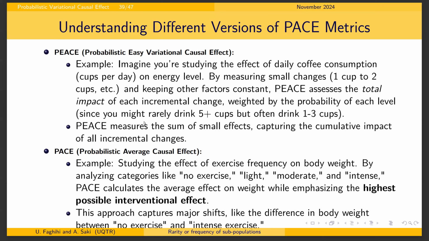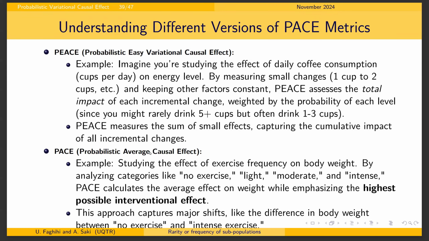Please assess the total impact of each incremental change weighted by the probability of each level, since we don't usually drink more than 5 coffees per day. So PACE measures the sum of small effects, capturing the cumulative impact of all incremental changes.